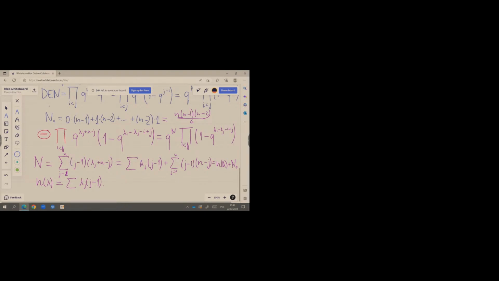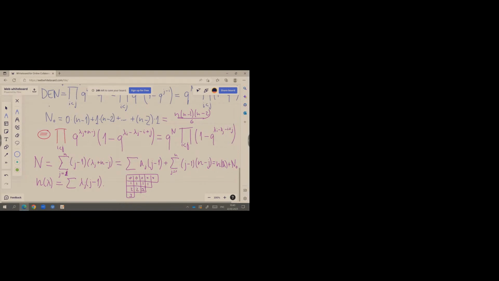You can take your Young diagram, fill the first row by zeros, the second row by ones, the third row by twos, etc. and take the sum of these numbers. Okay.